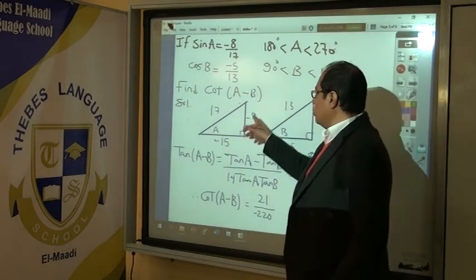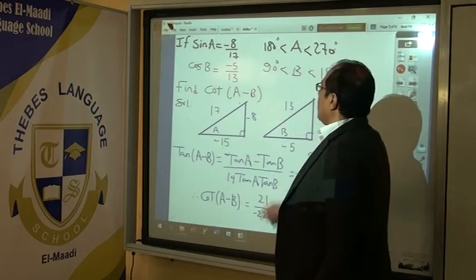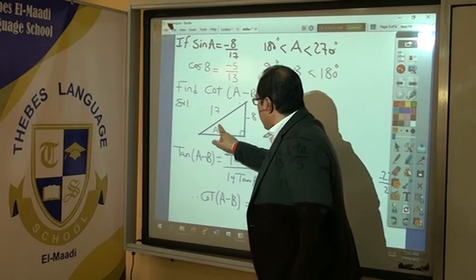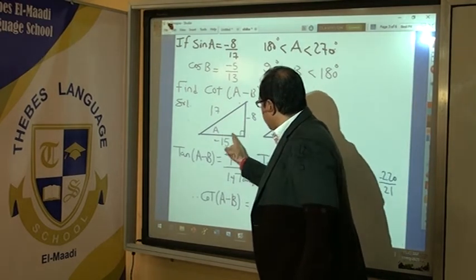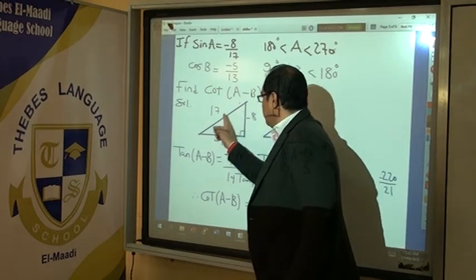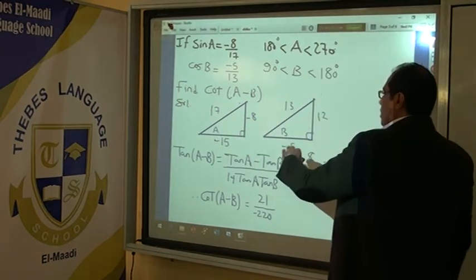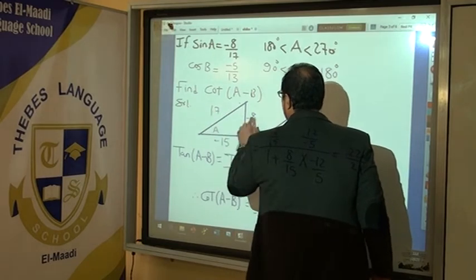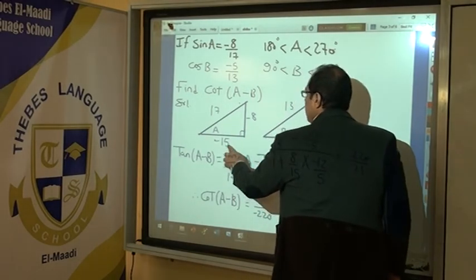Firstly, I draw a right-angled triangle for angle A. Given that sine A is -8/17, sine equals opposite over hypotenuse. In the right-angled triangle, the opposite side is 8 and the hypotenuse equals 17. By using Pythagoras' theorem, the adjacent side to angle A equals the square root of 17² minus 8², which equals 15.